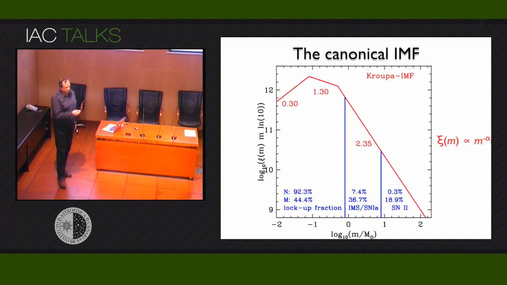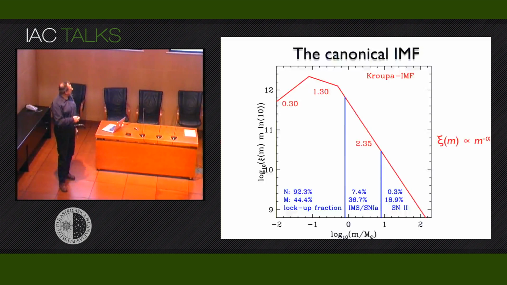The intermediate mass regime, between roughly 0.8 and 8 solar masses, ends up as white dwarfs. They evolve over a Hubble time and return some of the mass into the interstellar medium, but with different enrichment. But they are also the progenitors of type Ia supernovae, the main producers of iron in the universe. These are only about 7% in number, but nearly 40% in mass.